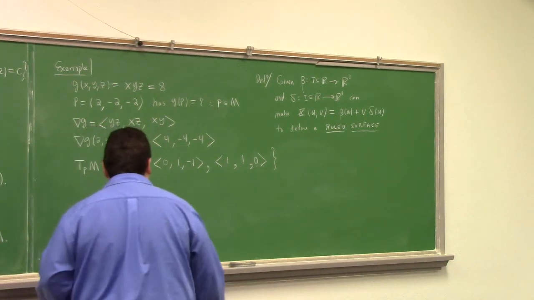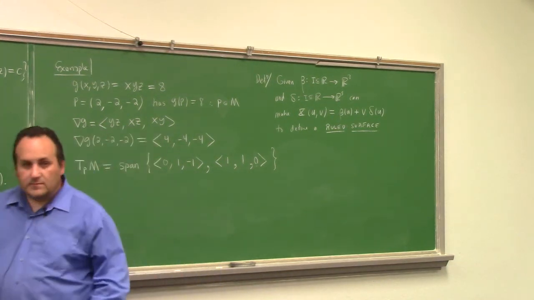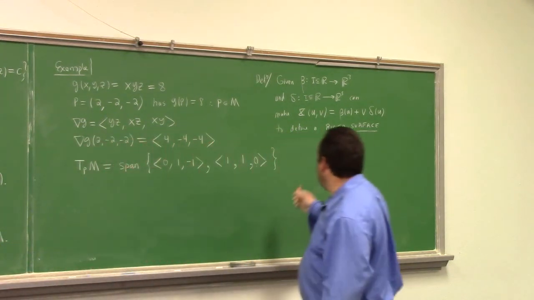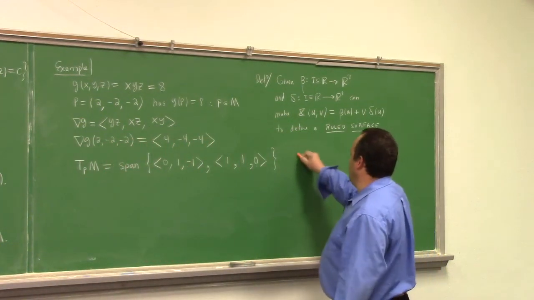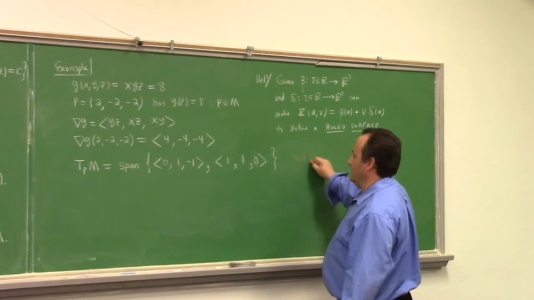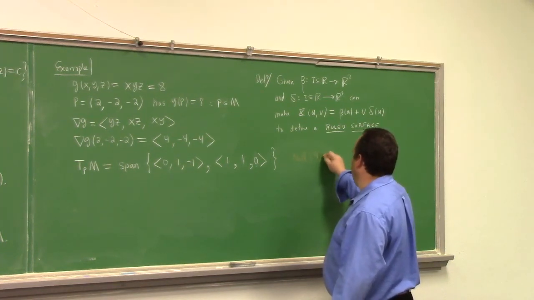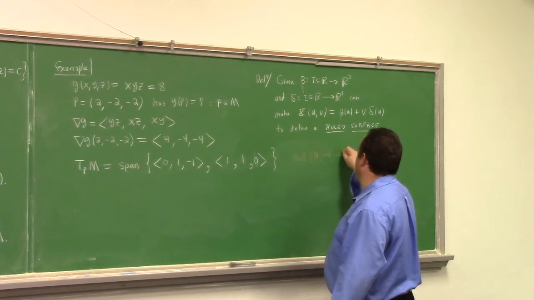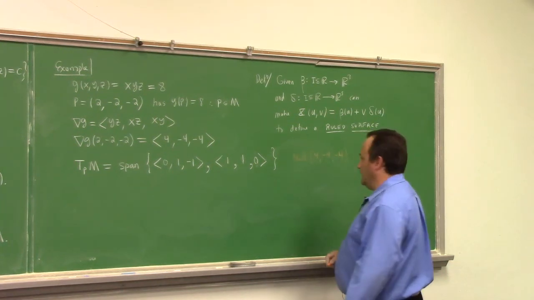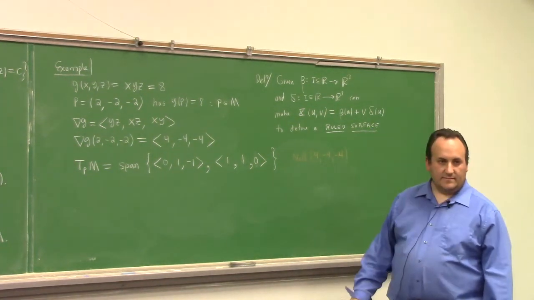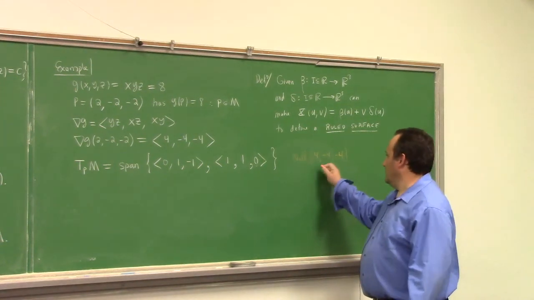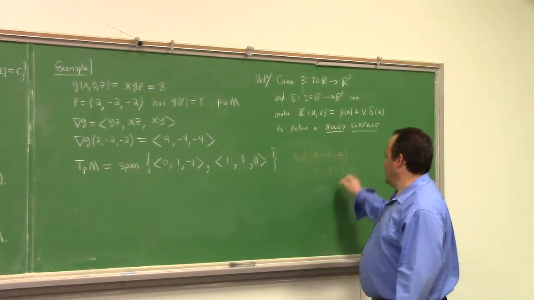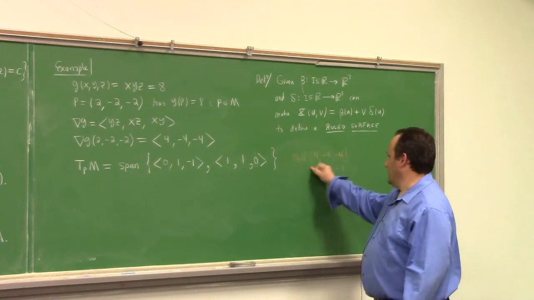But the method that I've tried to share with you guys is that we could look at the null space of (4, -4, -4), and you could try to find a basis for that. Or you could just use (1, -1, -1), since 4s are annoying, right?